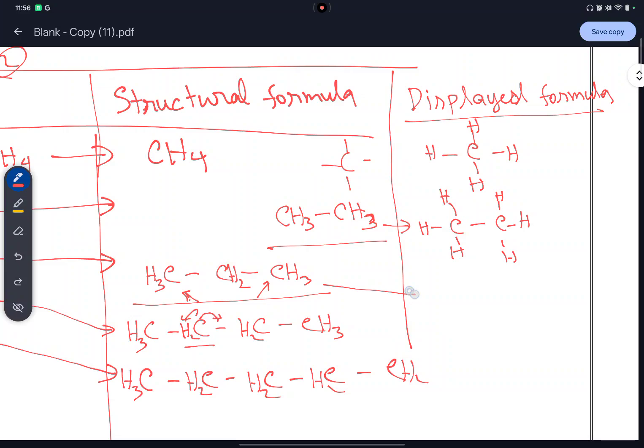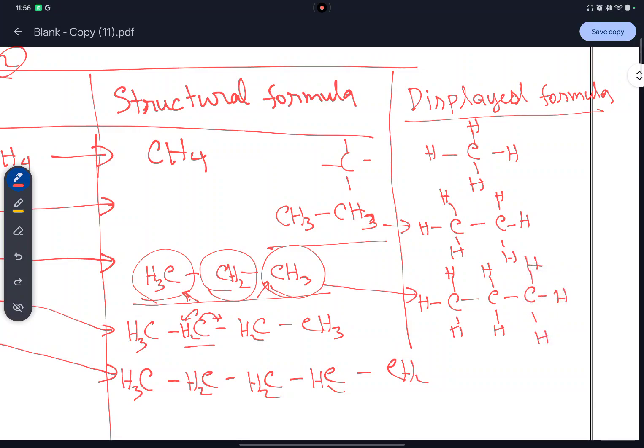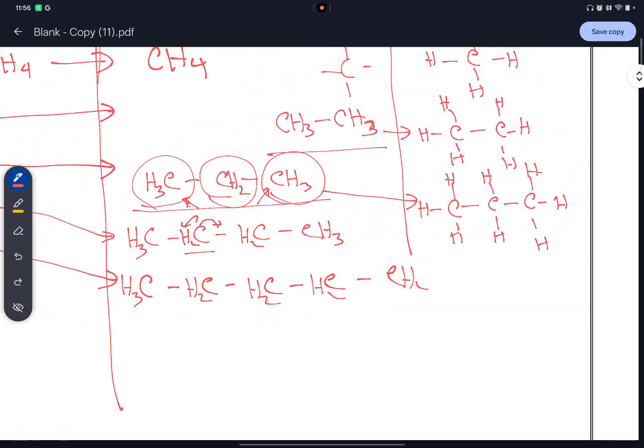Now what will be the displayed formula of propane? First of all, write this one, CH3. Then this one is added with a CH2. That means C, 1 hydrogen, 1 hydrogen. This one then 3 hydrogens, 1, 2, 3. Now we have the displayed formula of propane.